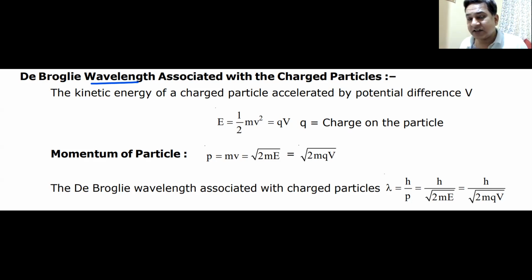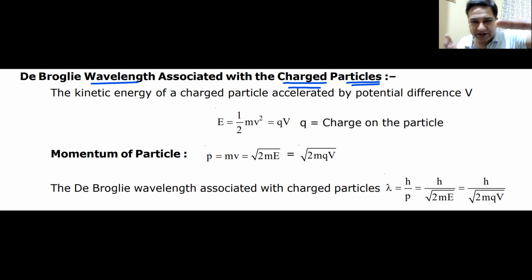Most of the questions that are going to come on matter waves will be based on charged particles. What are the charged particles that can come to you as questions in the examination hall? It has to be a particle, a single thing.